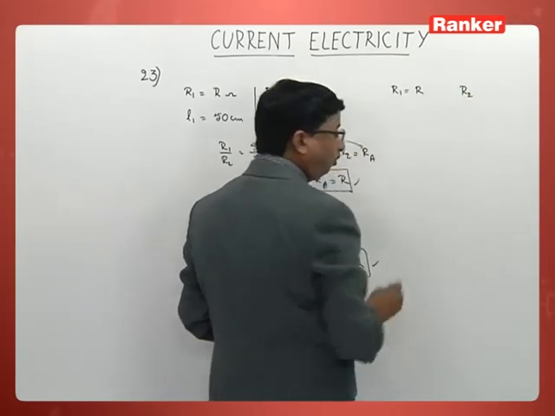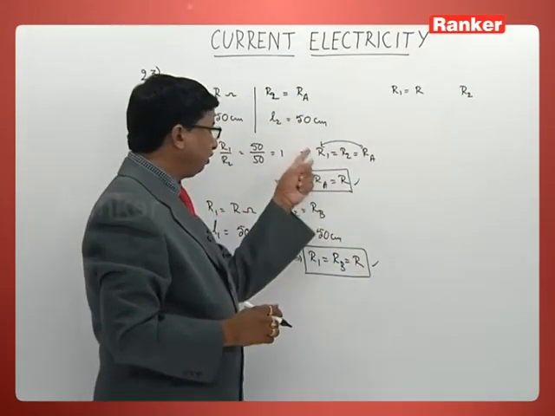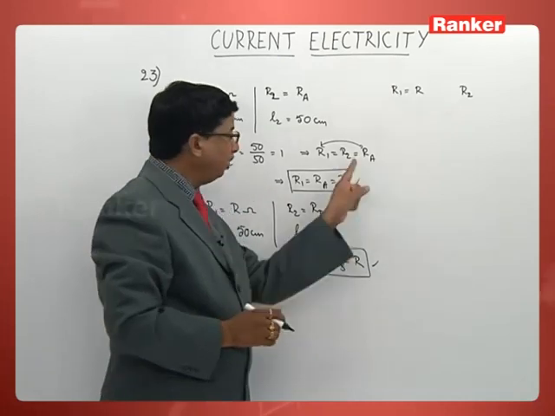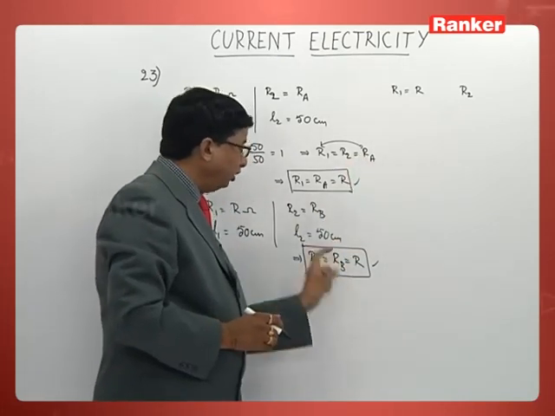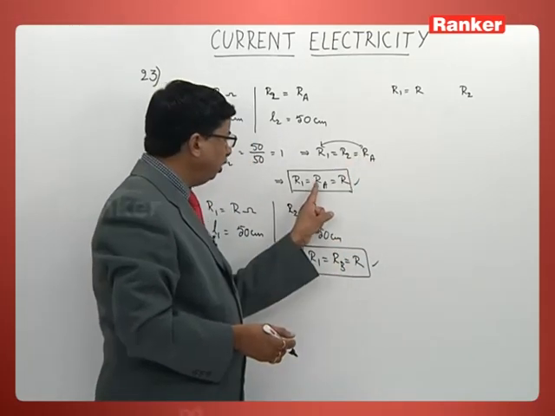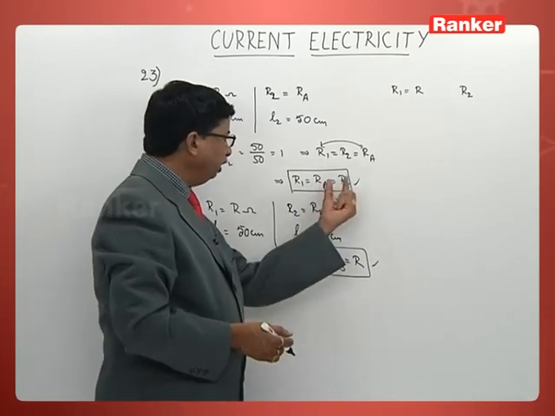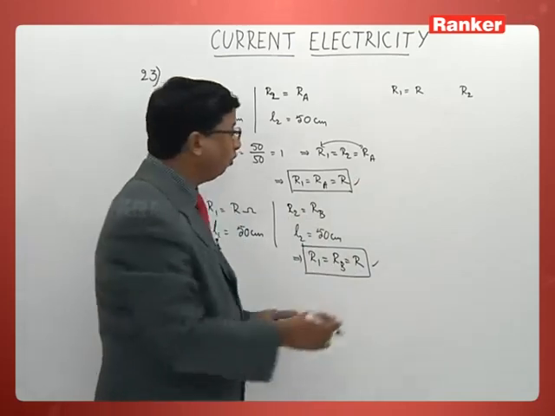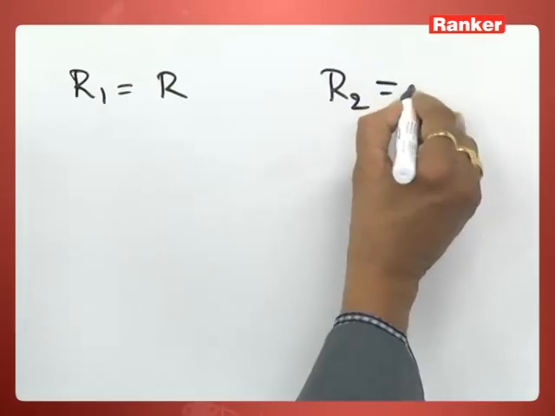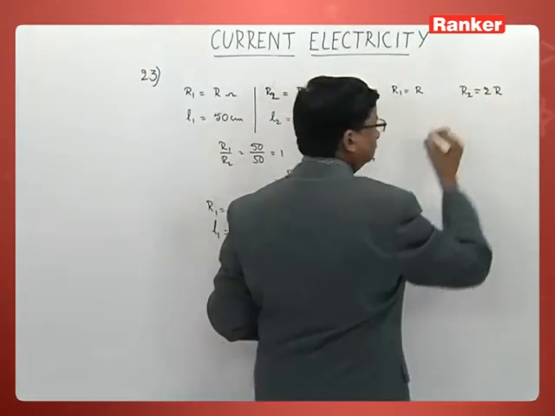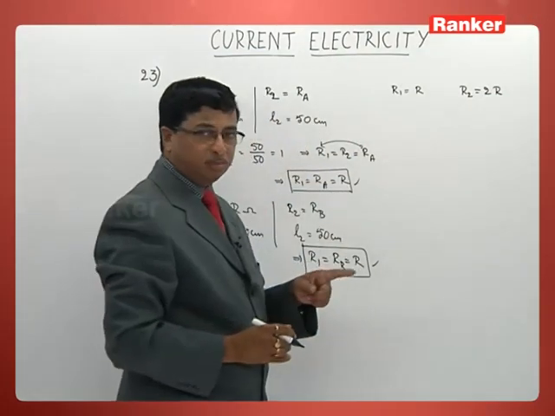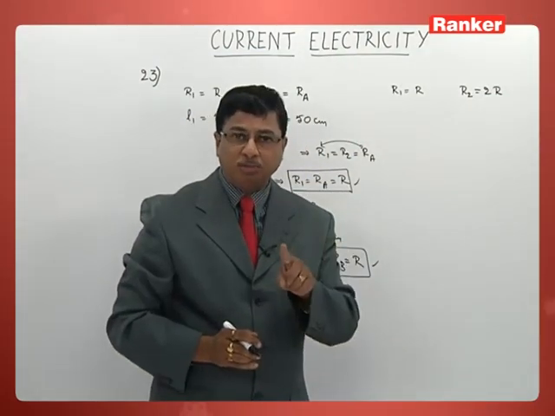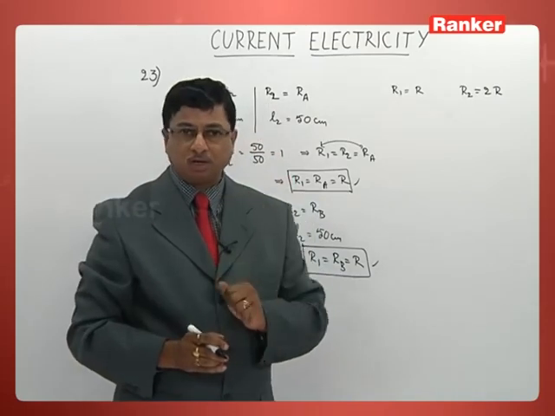R2 is the series combination of RA and RB. But we are sure that each of RA and RB is equal to R only. So R2 now becomes RA plus RB, which becomes simply 2R.